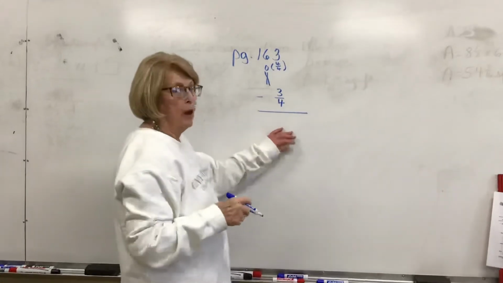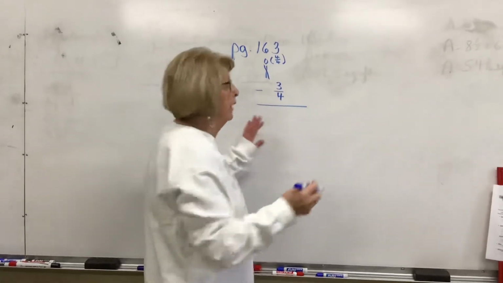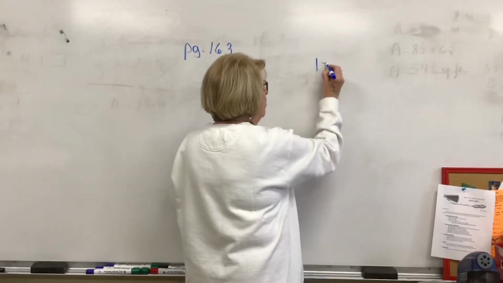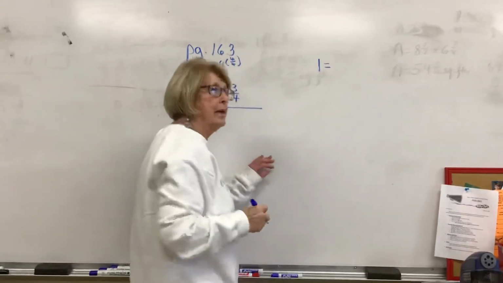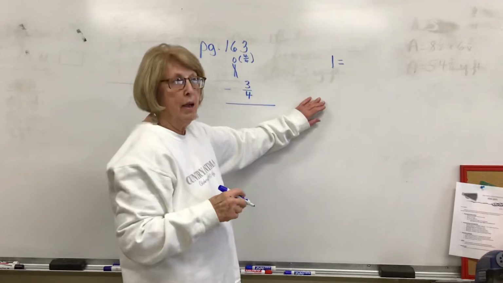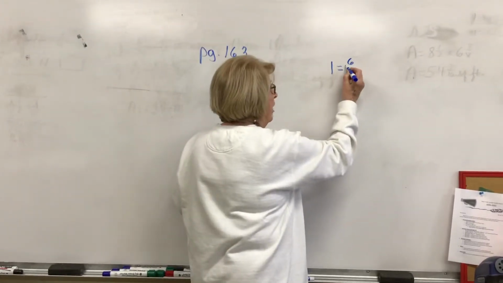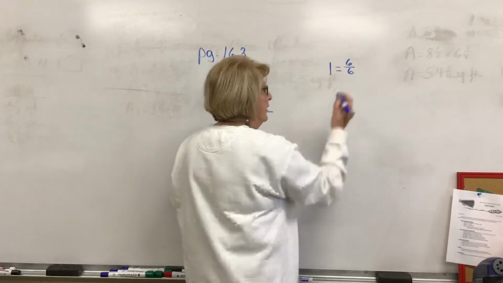Now, before we go on anymore, let me go back and review. Remember, anytime I have the whole number 1, I can rename it as a fraction by placing the same number as the numerator and the same number as the denominator.